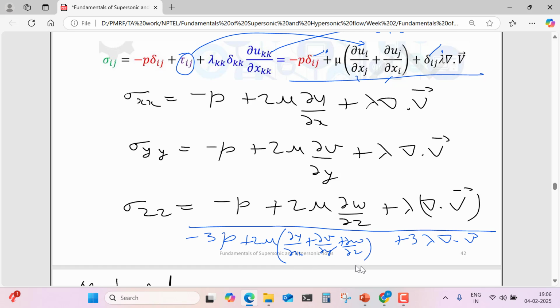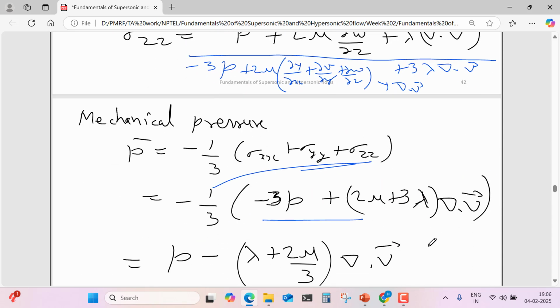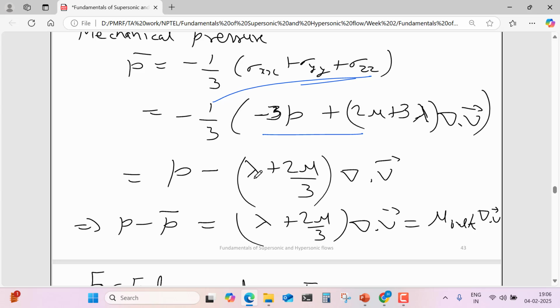This is nothing but del dot v. So we can take del dot v common here, so it becomes 2 mu plus 3 lambda. If we divide it by minus 3, it will become p minus lambda plus 2 mu by 3 del dot v, and so p minus p bar equal to lambda plus 2 mu by 3 del dot v.